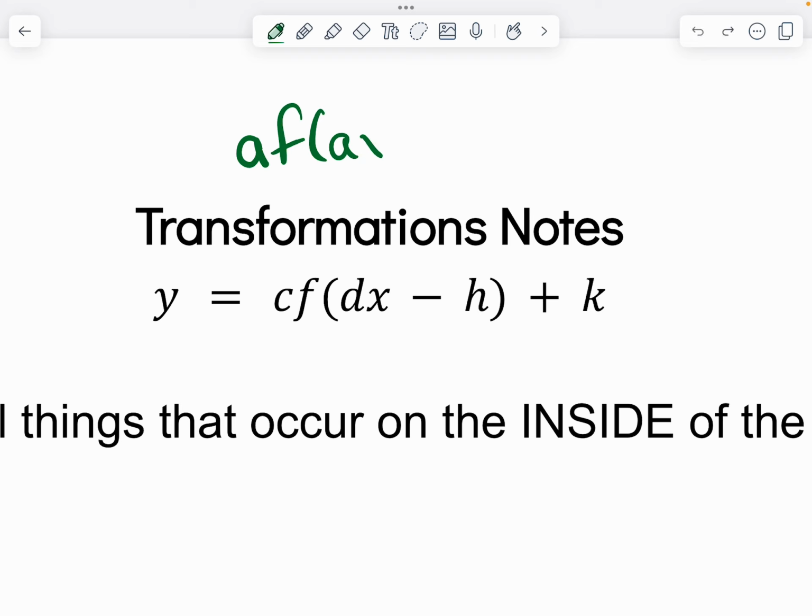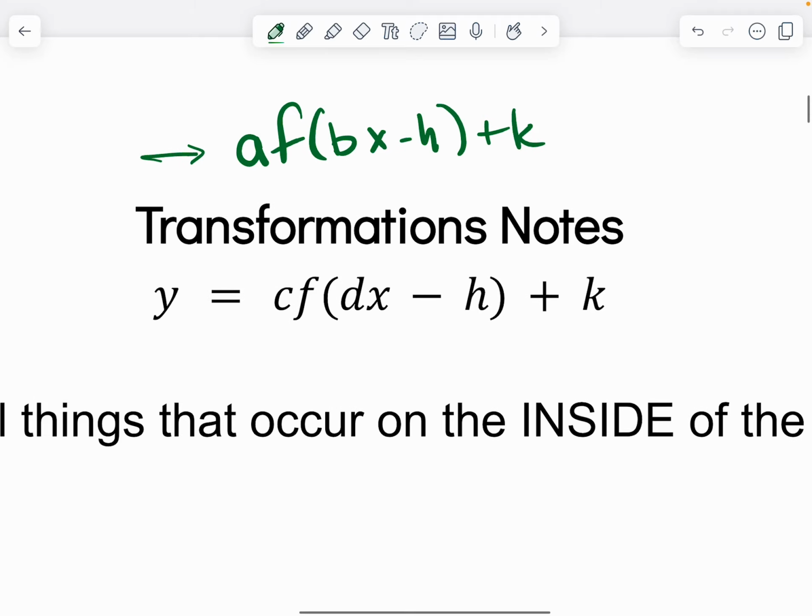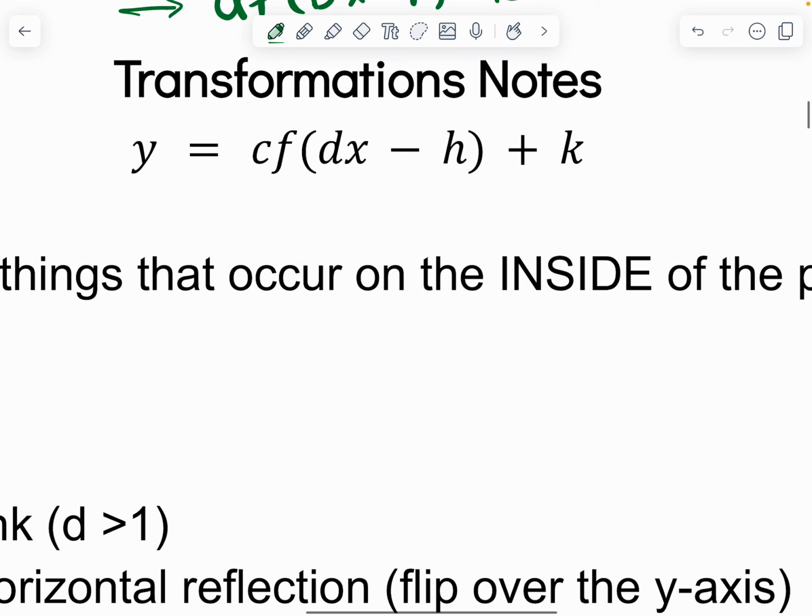I don't even like the fact that it has the a there. Like b and then x minus h plus k. All it is, it's kind of like a formula. You may see this in the book, but we're not going to look at it like that. We're going to look at it like this.